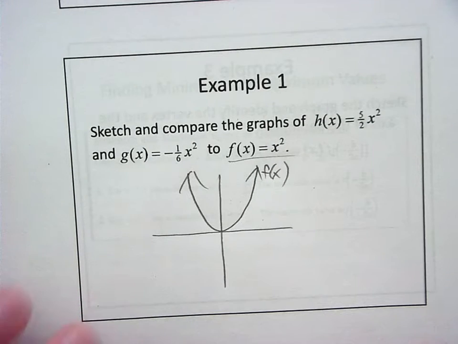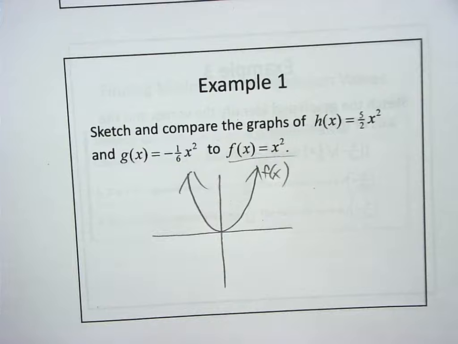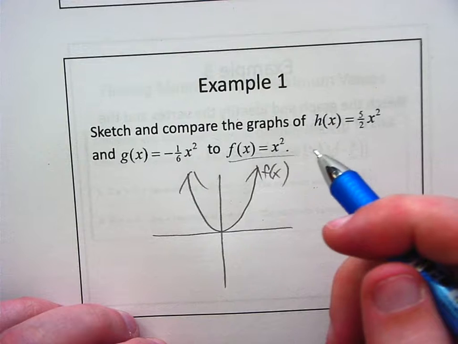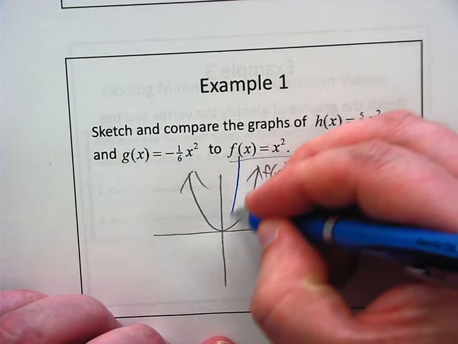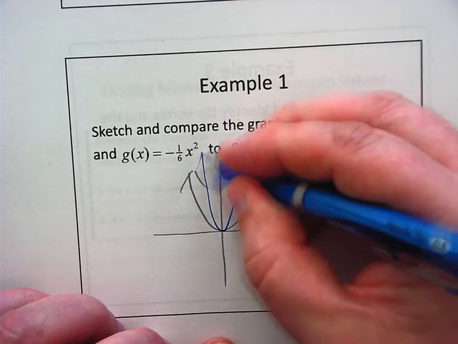Now, compared to that f of x, what would g of x look like? It's a vertical stretch, so it's going to be narrower than regular x squared, and because it's rising faster, it also opens up.